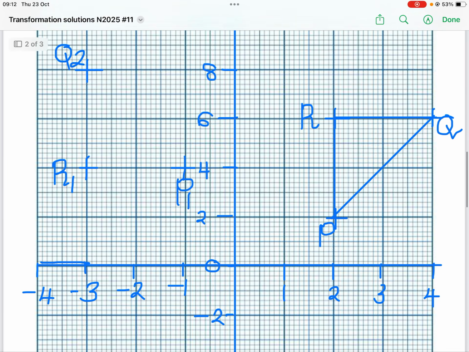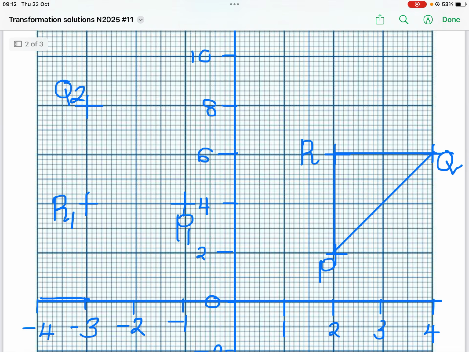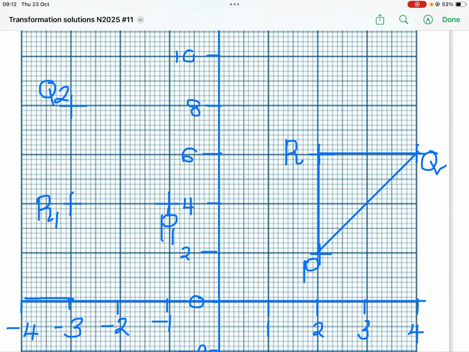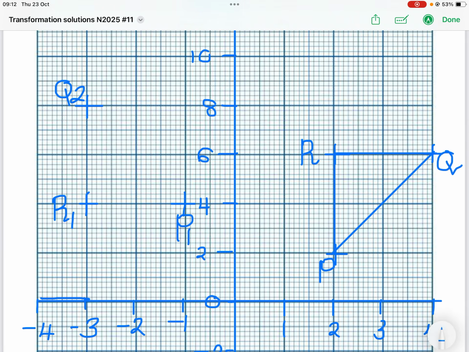Next step is joining all three coordinates to come up with our triangle. So I'm going to join here, like this. Then I join here, like this. And then finally, like this.